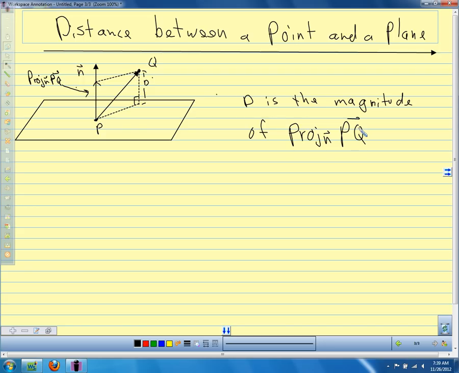And how do we find the magnitude of this projection? Remember what we did to find the magnitude of that projection? So I'm going to write this out. D is the magnitude of the projection onto N of PQ.